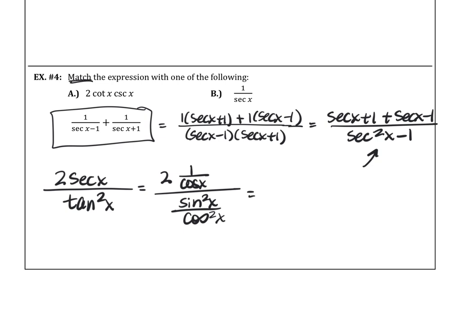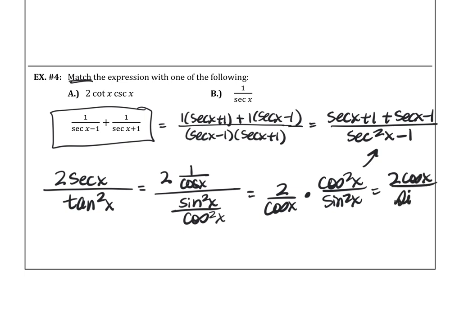All right, let's see. So this is 2 over cosine x times the reciprocal of that, cosine squared x over sine squared x. So that's 2 cosine x over sine squared, because one of those cosines cancels out.